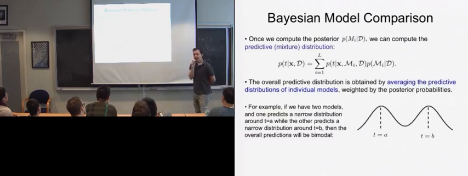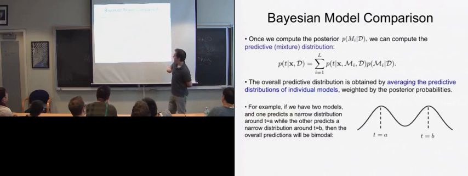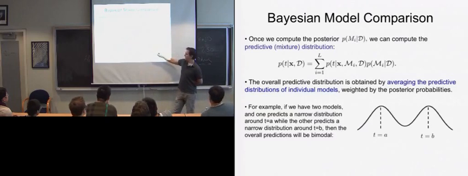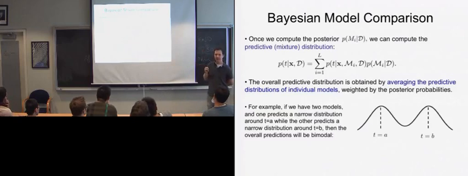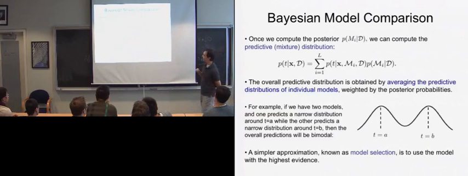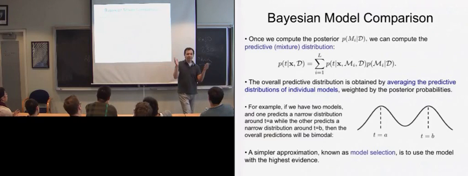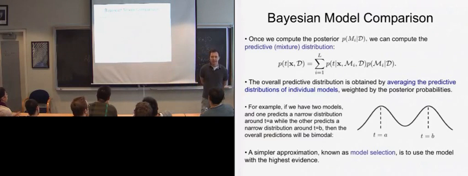One key thing about Bayesian model averaging is that if you have two models, and one of the models predicts the target given by A, the other predicts the target given by B, your predictive distribution is going to be bimodal. That's the key. Whenever you're doing Bayesian model averaging, it's typically going to be multi-modal when different models make different predictions.